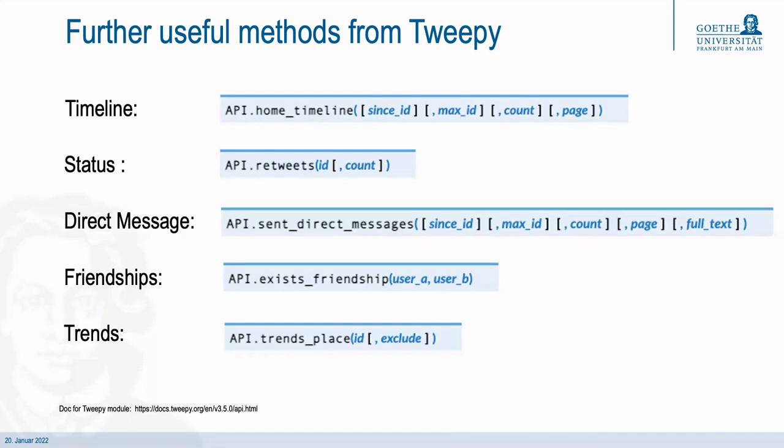Here you can check whether a friendship between user A and user B exists, and this will return true if the friendship exists and false otherwise. And then there's also trends. For example, API.trends_place returns the top 10 trending topics for a specific location.